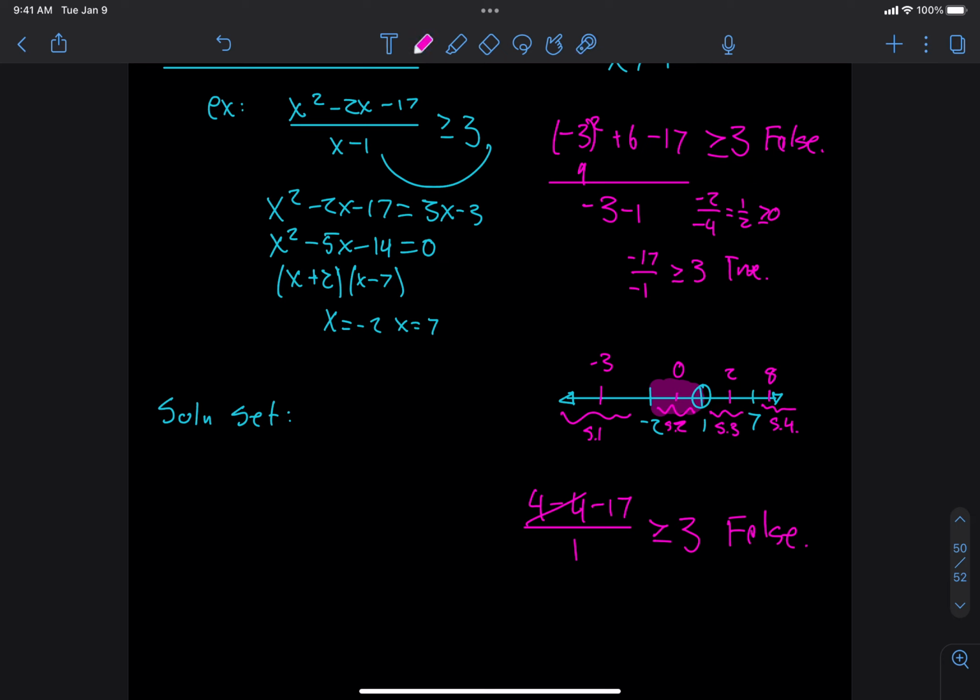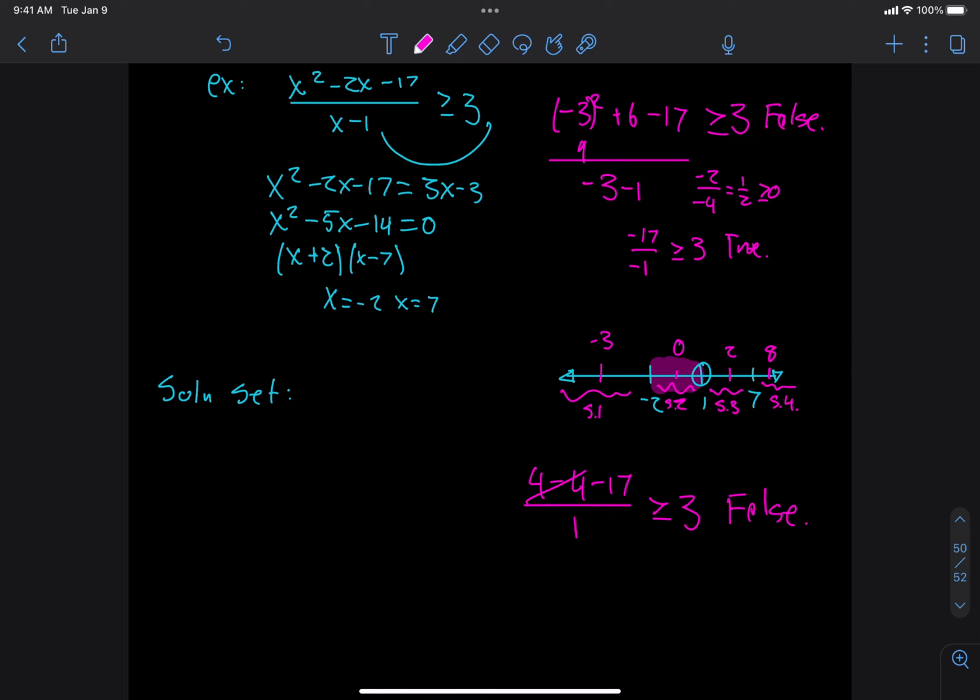And lastly, we need to plug in the number 8. So if I plug in 8, I get 64 minus 16 minus 17, all divided by 8 minus 1, which is 7. So 64 minus 16 minus 17 is 31, right?